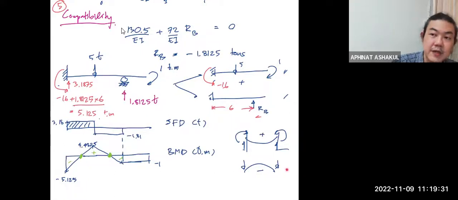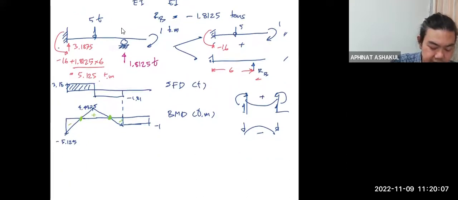So if it helps, please try to use this idea. You don't have to say, today, let's say clockwise positive, counterclockwise negative, and spend like 10 minutes thinking about which one is clockwise. I'm not so sure. Are you still like this? But they have to begin by teaching you the clockwise, counterclockwise. But if you're in the third year now, you should be able to see things like this very easily.